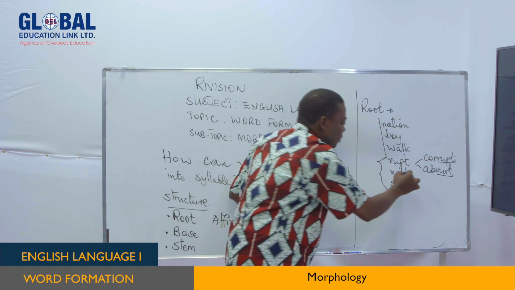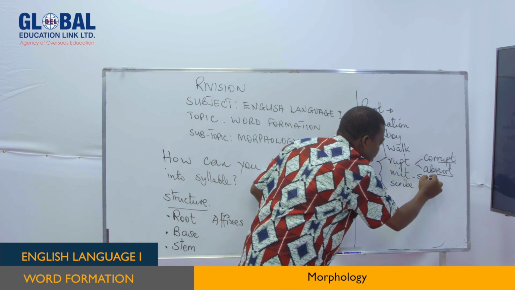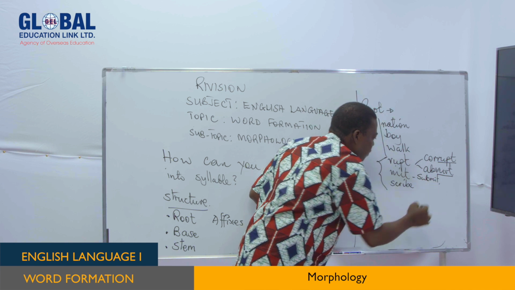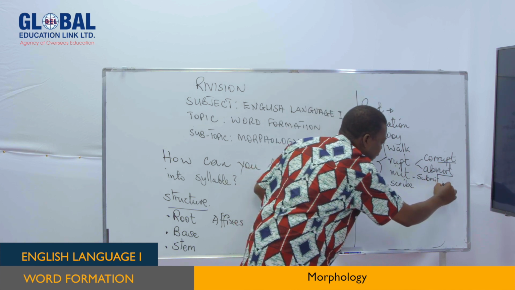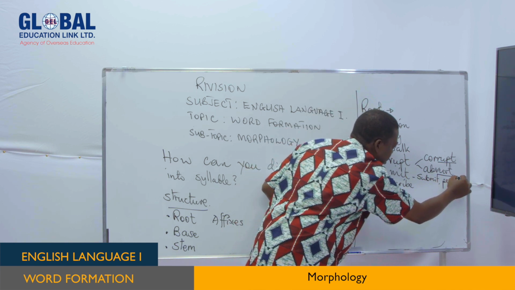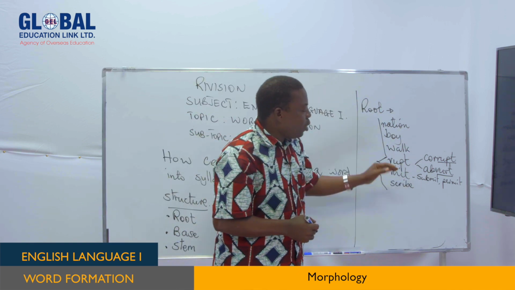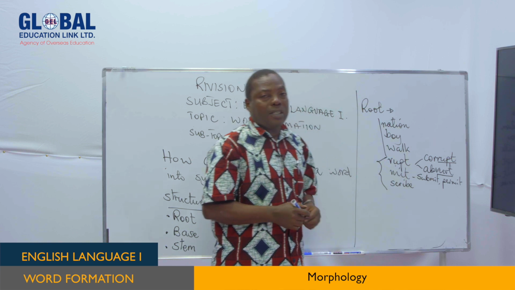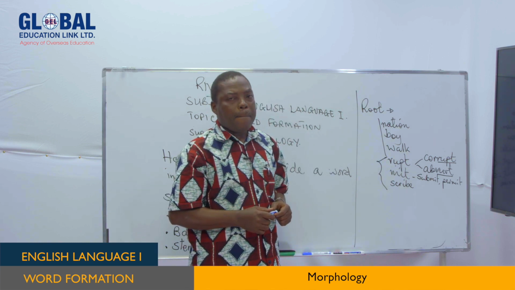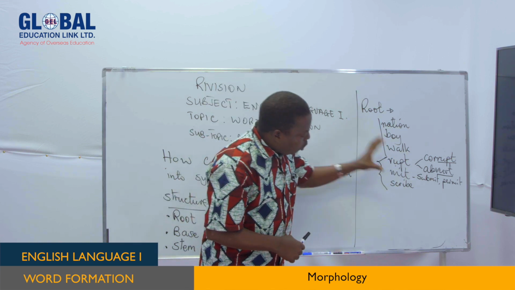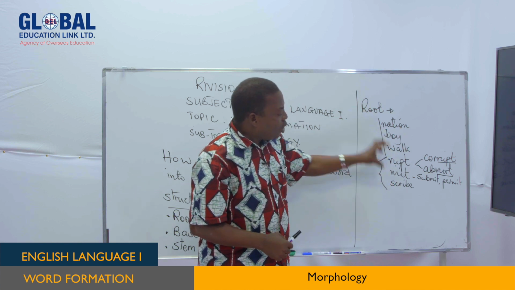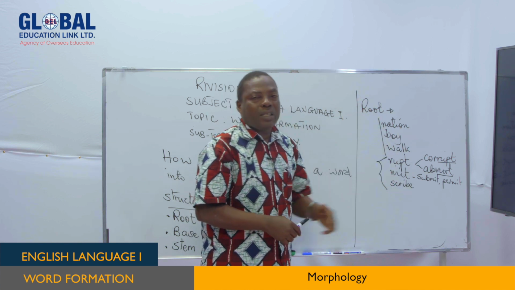You can have submit, you can have permit as well. This element seems to have been shared by different bases. We call them roots which are not recognizable as words.